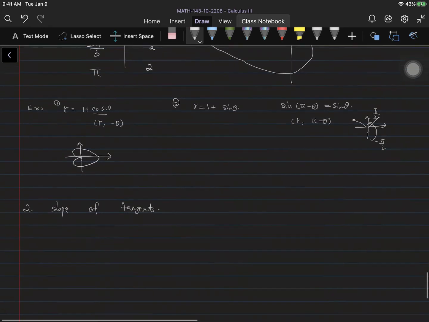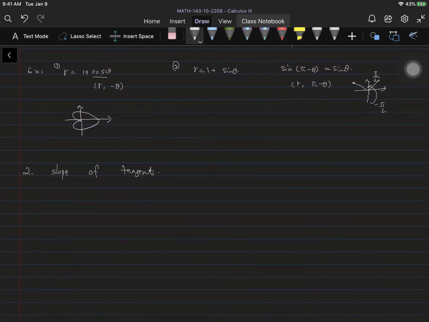Okay. So let's see. Firstly, let's take a look at our curve given by a polar equation. We write down this r equals f theta. So it's similar to the graphs: we have 1 minus sine theta, r equals 6 cosine theta, those kinds of things, right? They are all like r equals f theta.